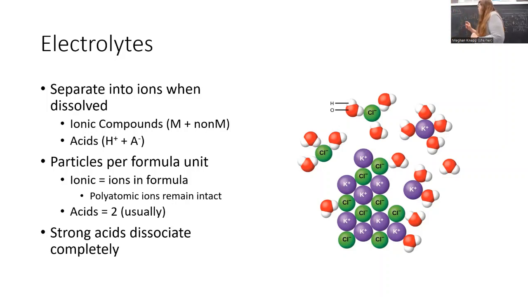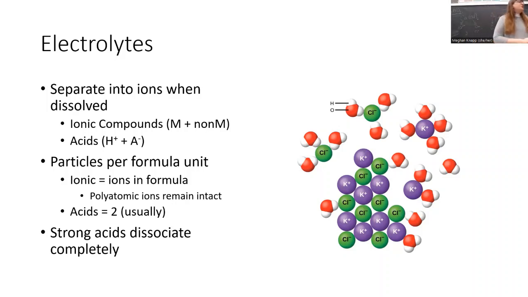But also, whenever there are parentheses around something, usually that's a polyatomic ion. So we have the OH here, the hydroxide. If you had forgotten that hydroxide is a polyatomic ion, the fact that there are parentheses around it would tell you that whole thing sticks together. Okay, so calcium hydroxide is going to break into 1 calcium, 2 hydroxides, for 3 particles per formula unit.